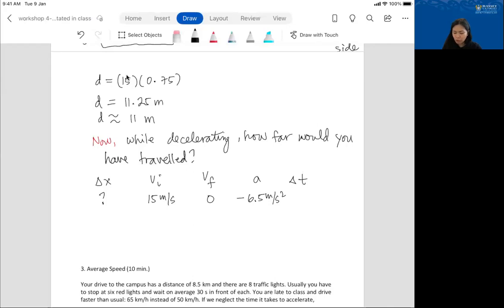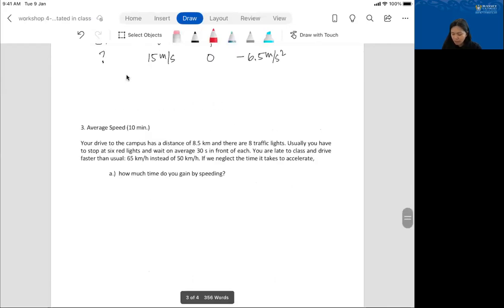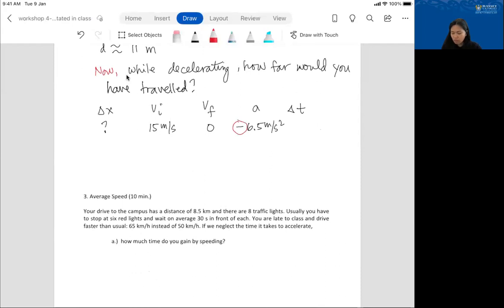Remember to include the negative sign in your acceleration, because deceleration means slowing down. The time it takes you to slow down to a complete stop is not given, so we don't know delta t. We only know vi, vf, and a, and we need to figure out delta x.